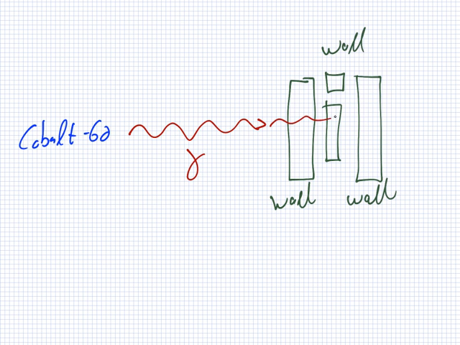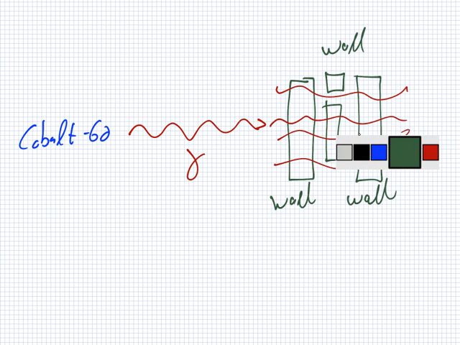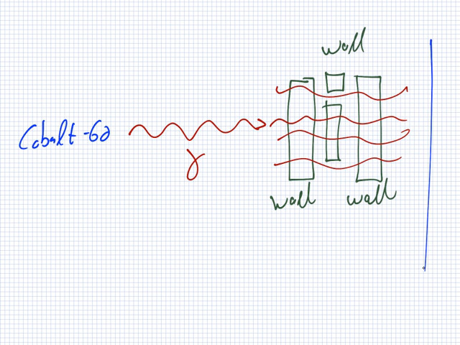And the gamma passes through. And you have some screen to detect where the gamma is. Let me start again. You have your cobalt-60. The cobalt-60 releases gamma. The gamma passes through the material and hits a screen. Like a photograph, you can get an image here of what it passed through, like an X-ray.